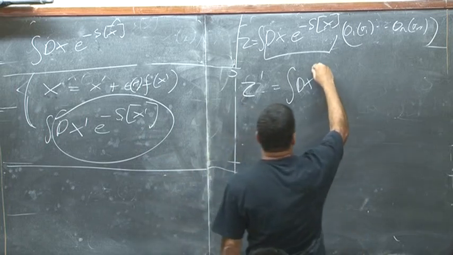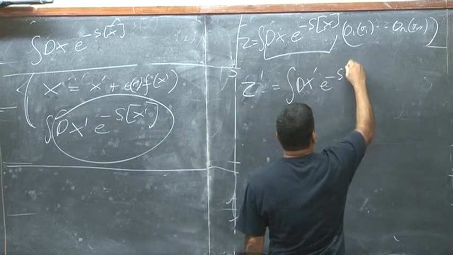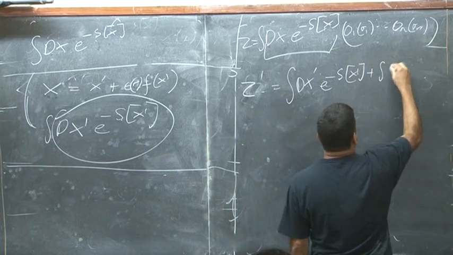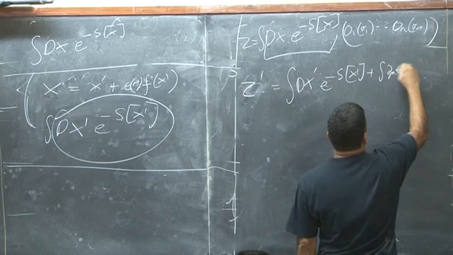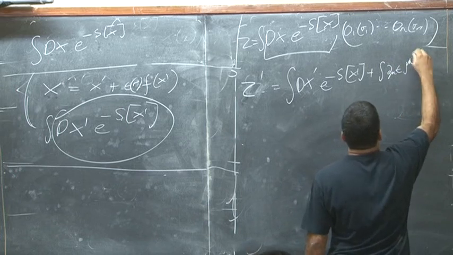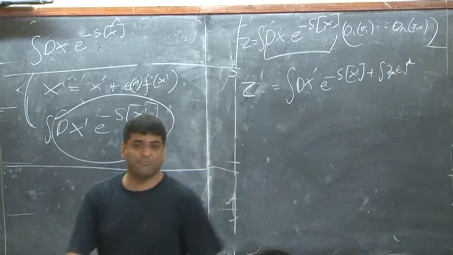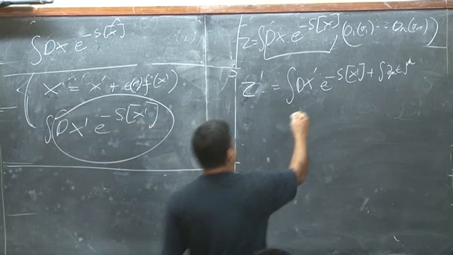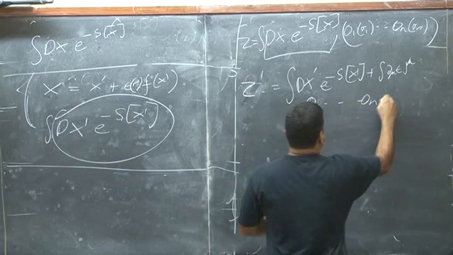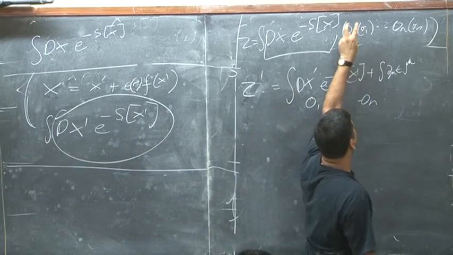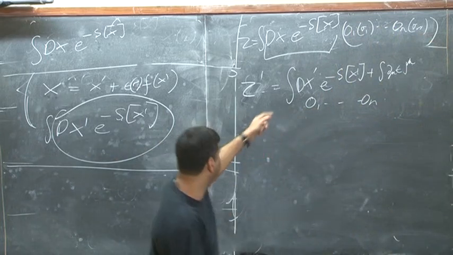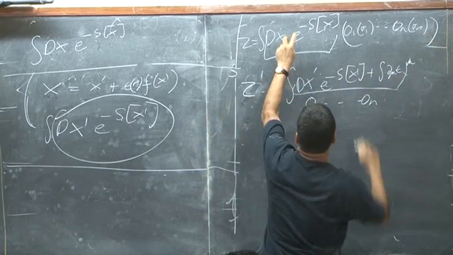It's equal to the integral dx prime e to the power minus S of x prime plus integral del mu epsilon j mu for some vector j, times O1 to On. We have to include the terms because of the change of variables acting on these. We'll do that in a moment. But first I'm just looking at the action of the change of variable on this.